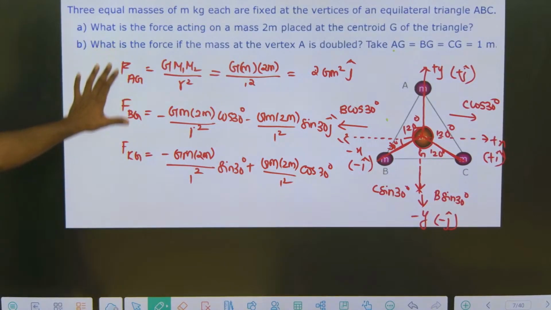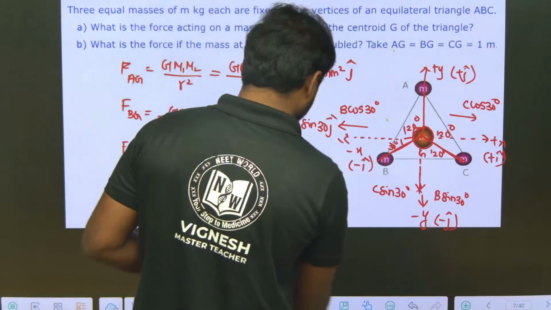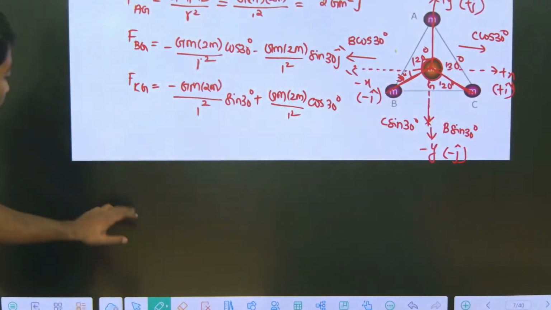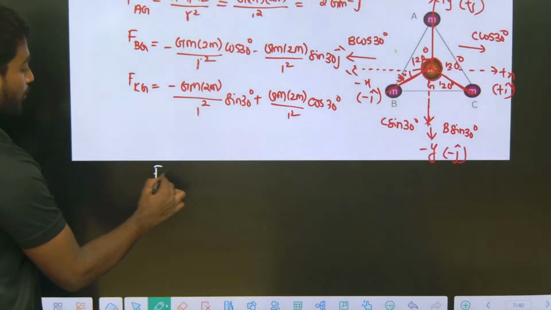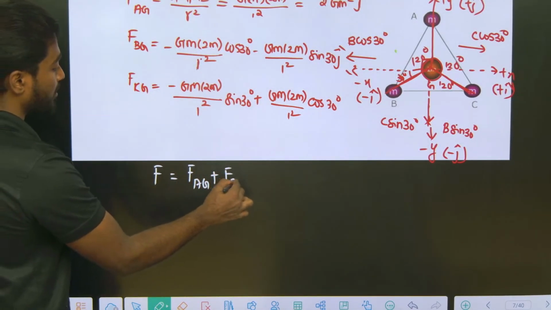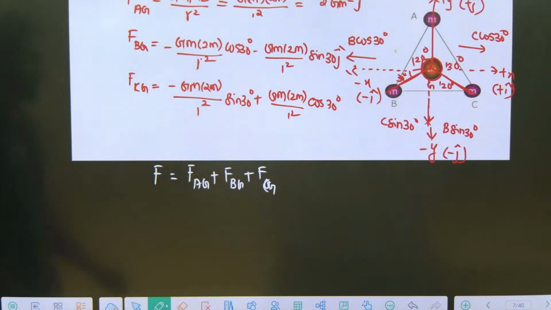So now I need to add everything, sum up all the forces acting on G, right. So total force will be equal to FAG plus FBG plus FCG, right.